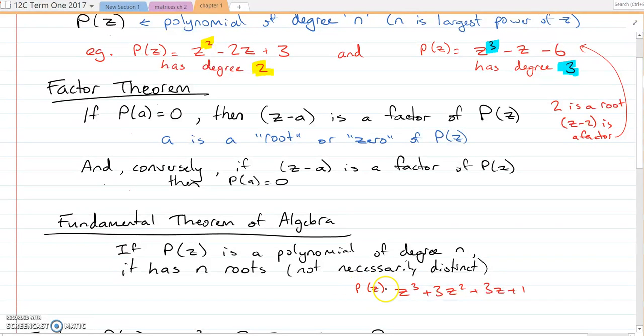This, all roots are minus 1, I think it is. Okay, because this is the same as (z plus 1) cubed. Okay, so it has 3 roots, but they're all minus 1.